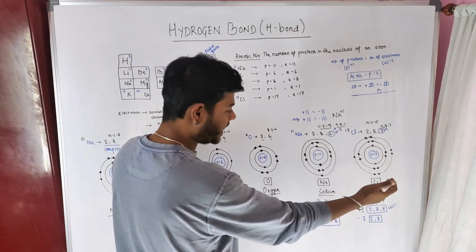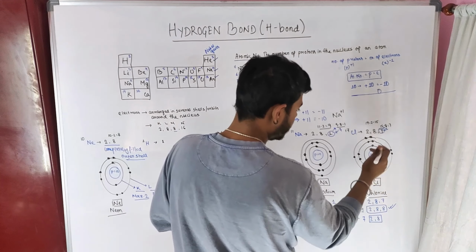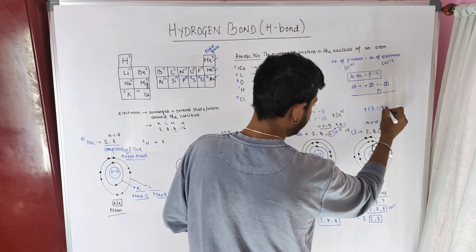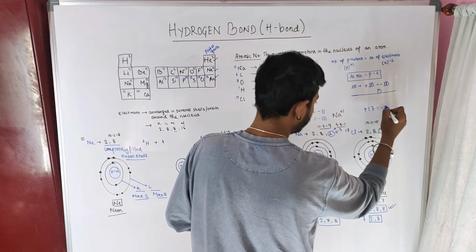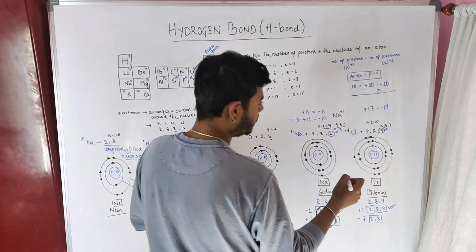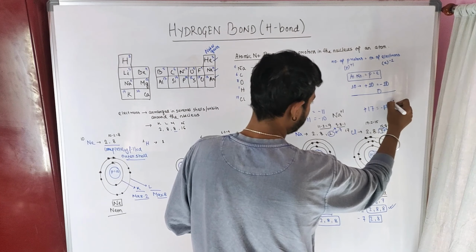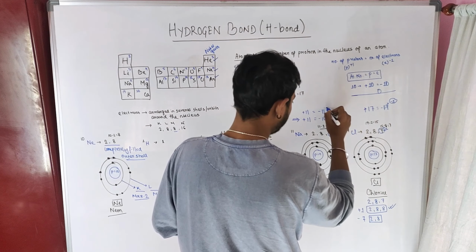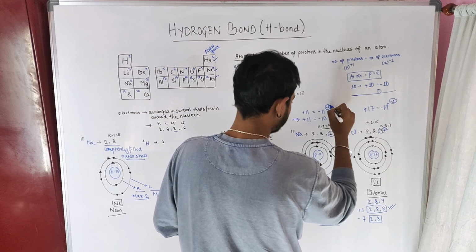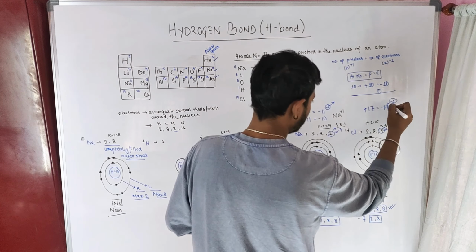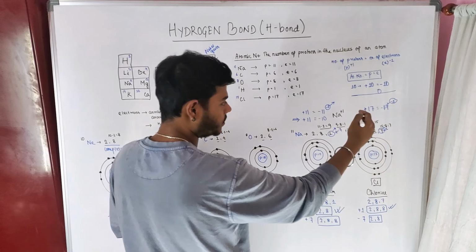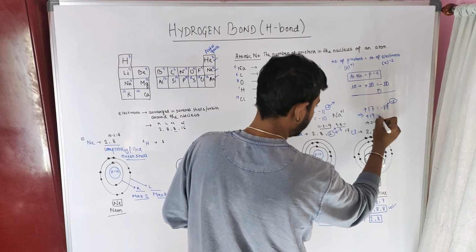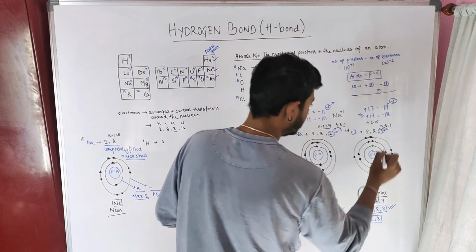Similarly, if chlorine takes in 1 electron, chlorine has 17 protons, which is equal to its 17 electrons. Now, if chlorine takes in 1 electron, it will have 17 protons but 18 electrons.